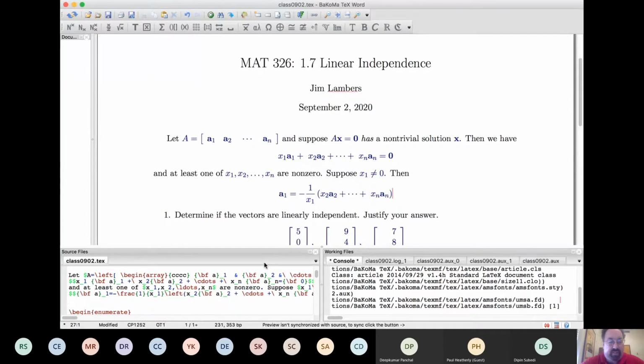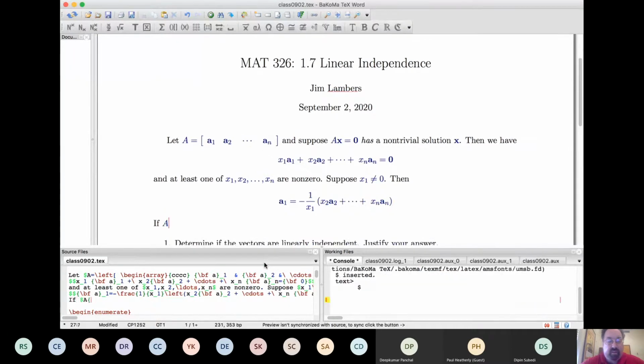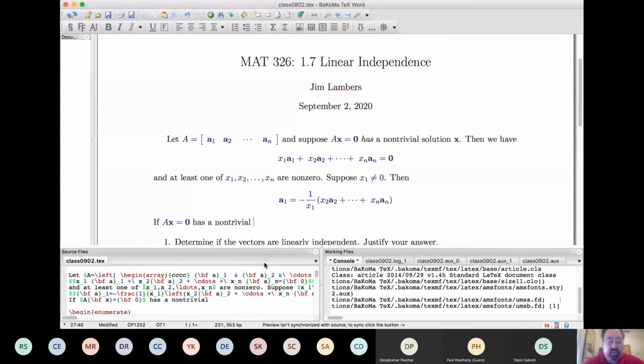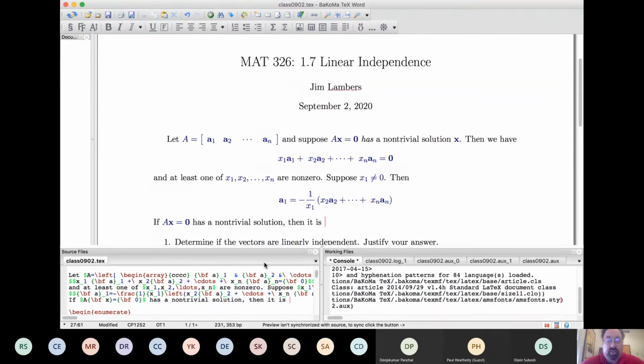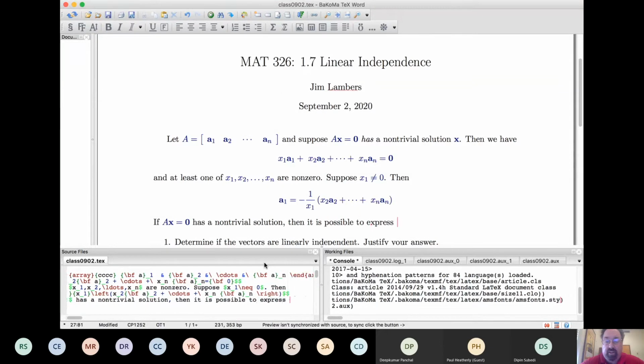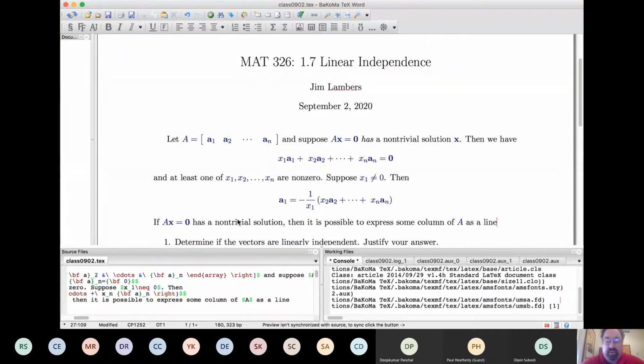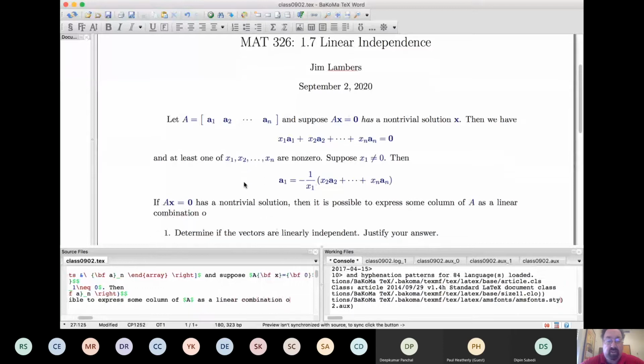So what does this mean in general? If this system, AX equals 0, has a non-trivial solution, then it is possible to express some column of A, any column for which its coefficient is non-zero in this non-trivial solution, as a linear combination of the other columns.